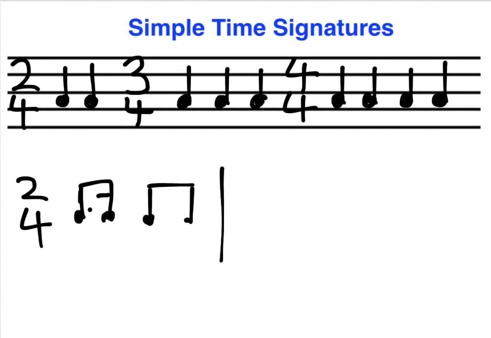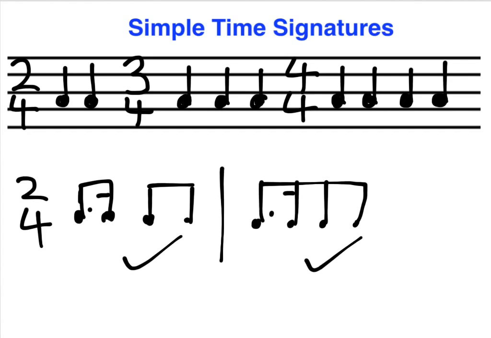For me, that's more acceptable than putting all of them together and having the dotted rhythm at the start. That is still possible. That's still technically correct, as is that. But I think the first one is better because it's far easier to see where the first and second beat begin and end.